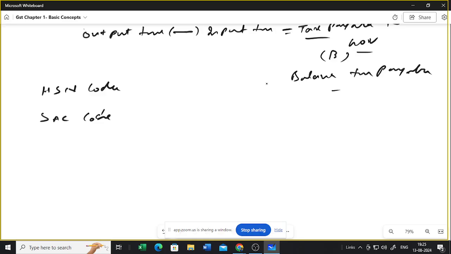For every category of product we need to identify the tax rate, so for identifying the tax rate for every product they have given one code. That code we call the HSN code.